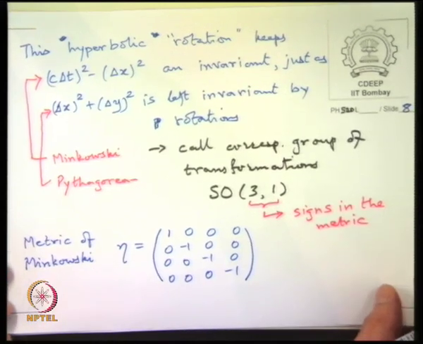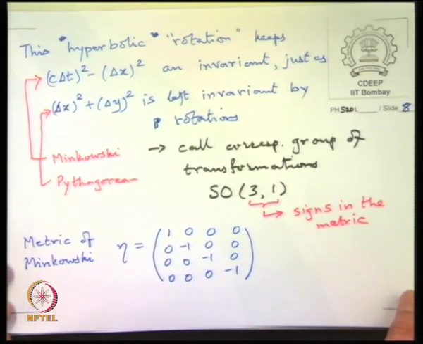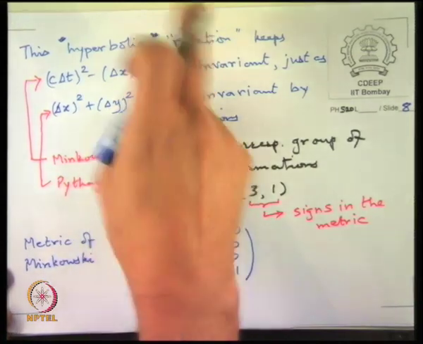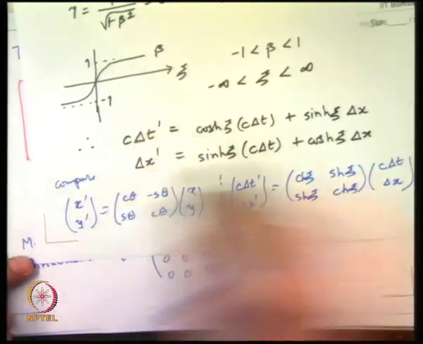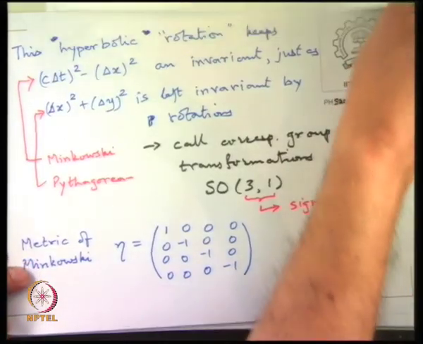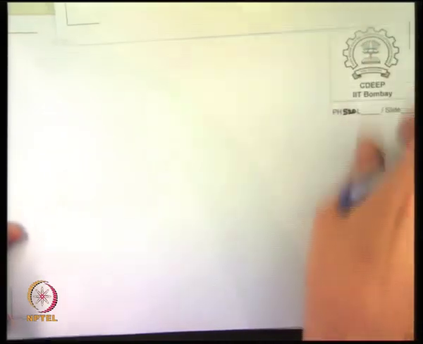So this is the Minkowski metric, and that is left invariant by these hyperbolic transformations. We have written, of course, only the boost along x, but likewise there are also y and z boosts.